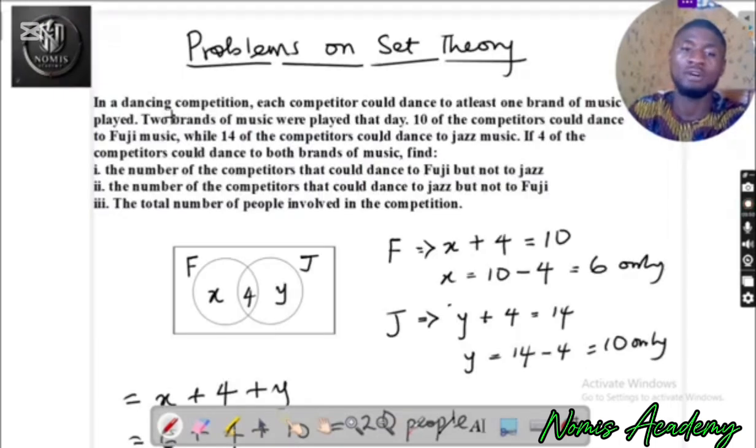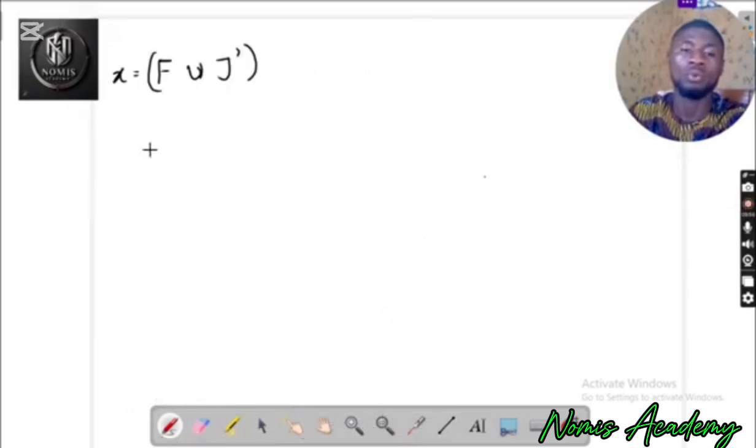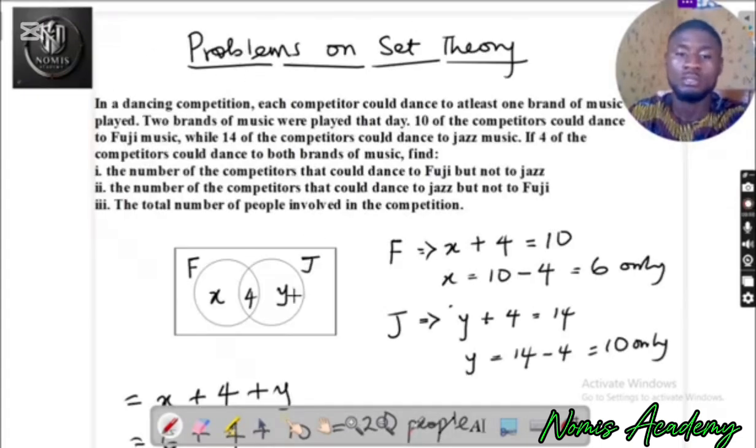So let's take the value of y. What about y? How do we interpret y? So y is equal to, since we are dealing with just only j and f is totally not involved, even though we have some that are in jazz that are still in f, we will not count them as only j.